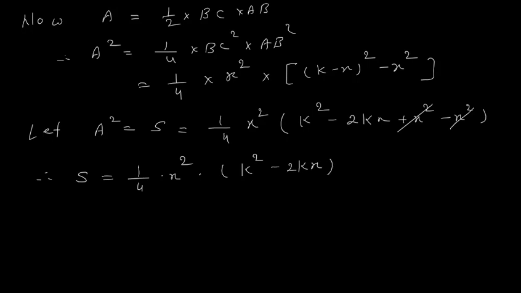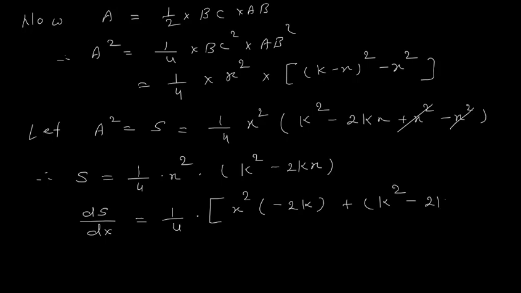Now when we calculate ds upon dx, we will get 1 upon 4 into, again u into v, so I will write x square, here we will differentiate, we get minus 2k, plus k square minus 2kx and derivative of x square is 2x.